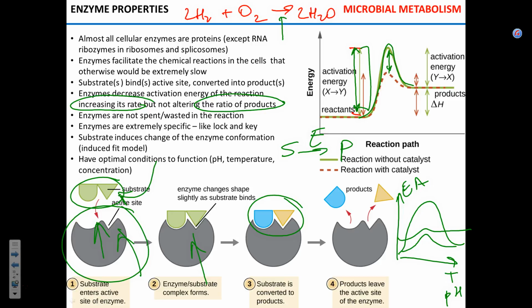It's not just one specific temperature, but there is a peak, okay? That's the optimal temperature, optimal pH, or optimal salt concentration for the enzyme. Is that clear?